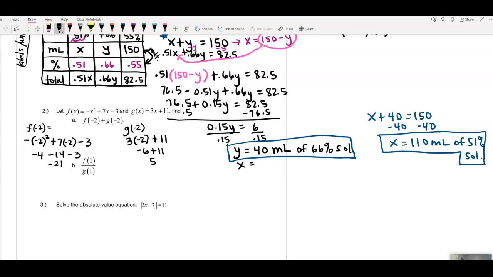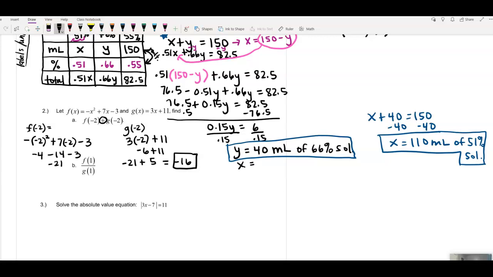Add them together. Don't forget to do that last step of adding those together, right? So when I do that, I'll just write it right here. Negative 21 plus 5 is going to give me negative 16. All right, and so then that would be my answer on that first part.